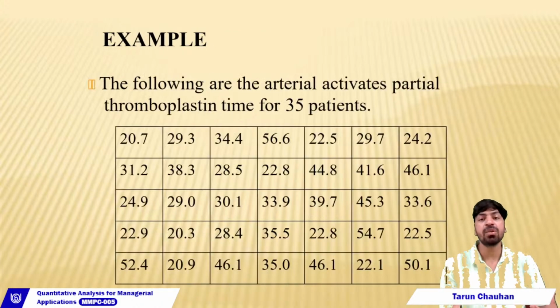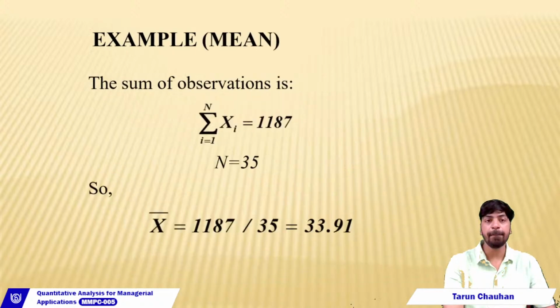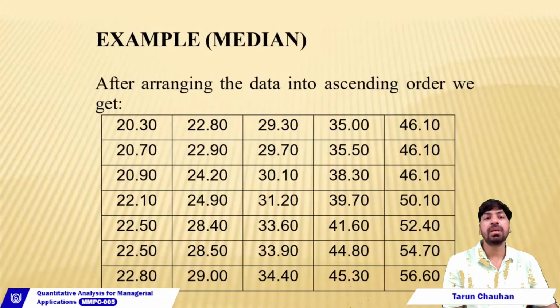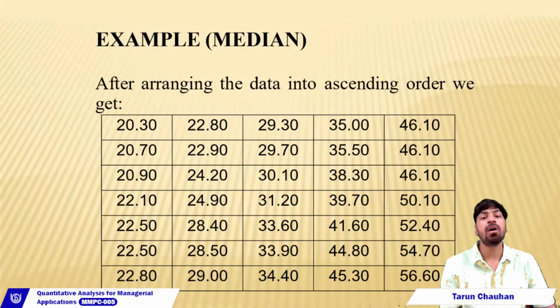So this is a case of raw data. This is a case of individual data. This is a case of an individual series. Let's talk about median. When we talk about raw data or individual data, you have to arrange the data into ascending or descending order.